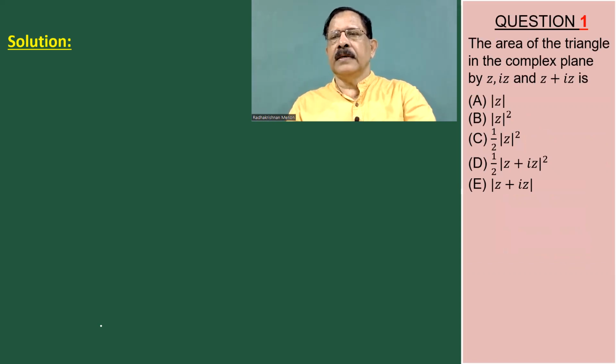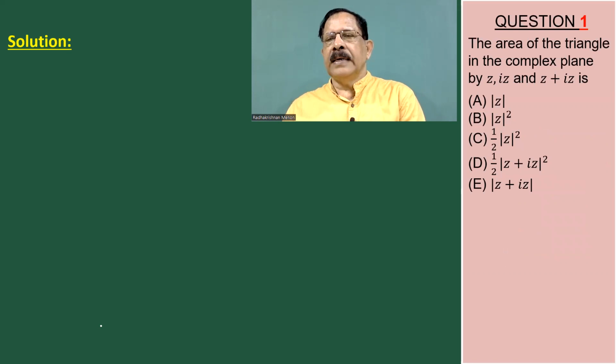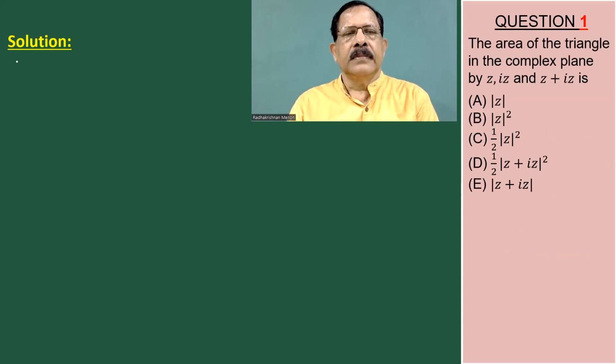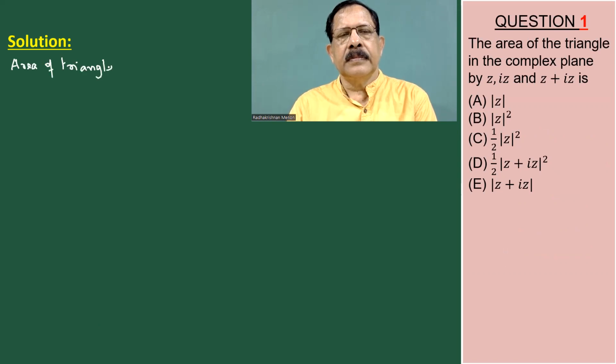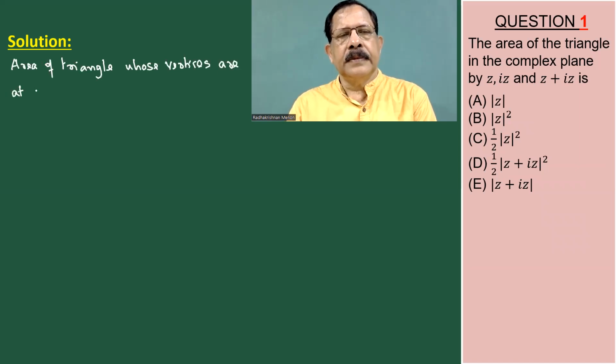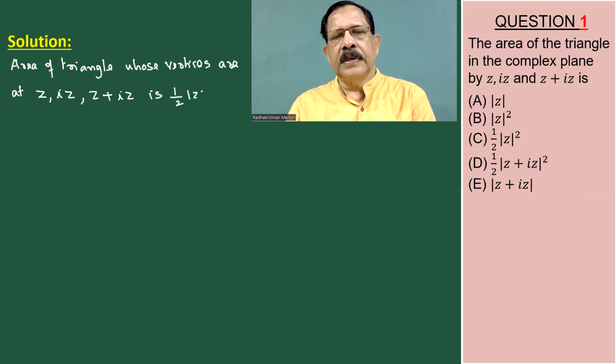The area of the triangle in the complex plane whose vertices are at Z, iZ and Z plus iZ is half mod Z squared. It is a result actually.